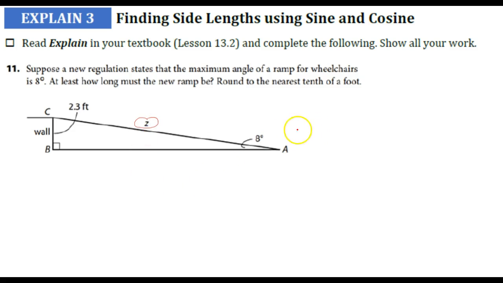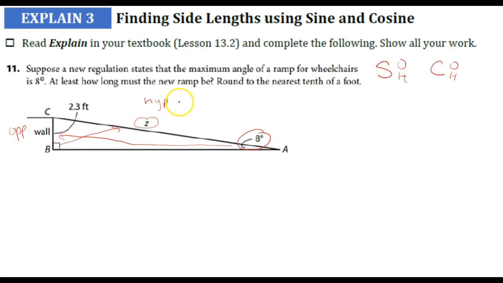So what we're going to do is identify which one to use, sine or cosine. Here they give me this angle, and I know that this side here is opposite or adjacent? Opposite, right? And then this side here, since it's opposite my 90 degree, would be my hypotenuse.